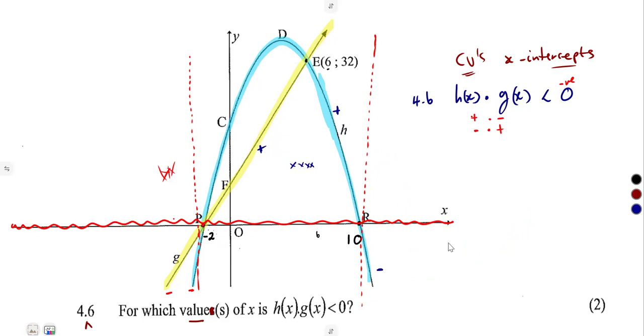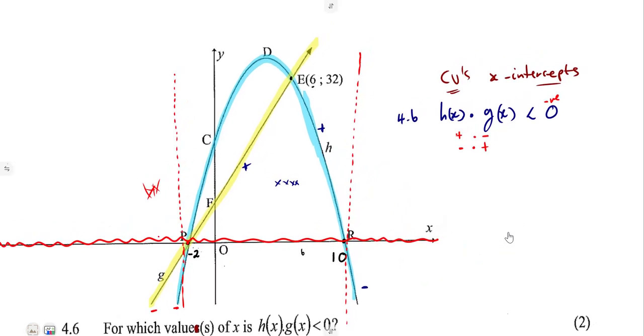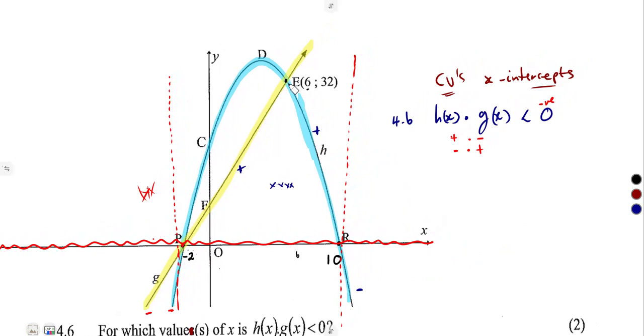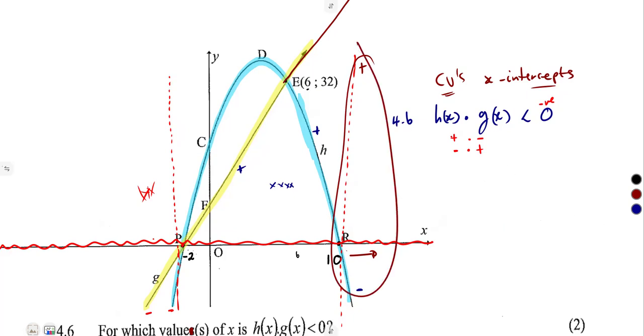Whereas our G is a positive, because G is continuously going up, still in the positive region, from 10 going this side. H is negative, but our G is positive. This is exactly what we need. The product of these two will give us a negative.